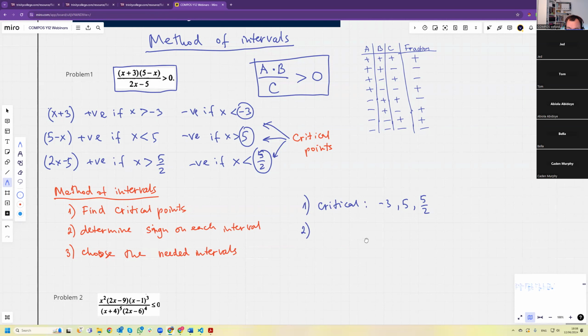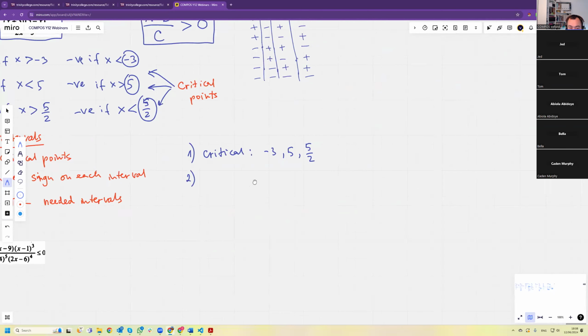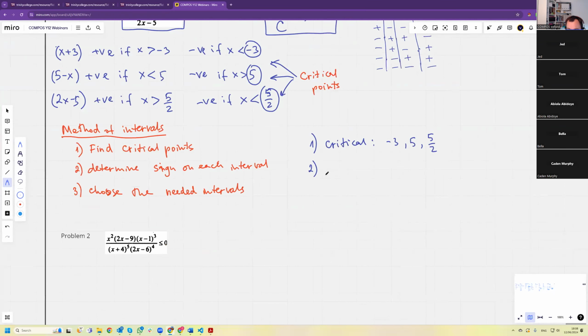Step 2, determine the sign on each interval. So what to do, I draw a line and I put the critical points on it: minus 3, 5 over 2, and 5.